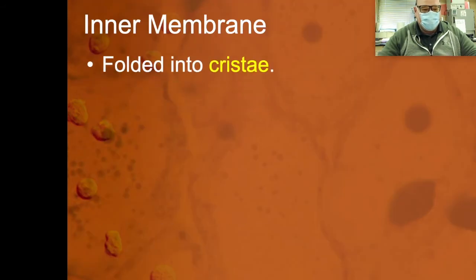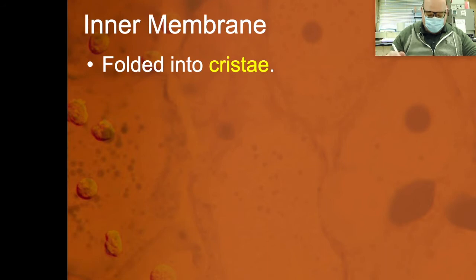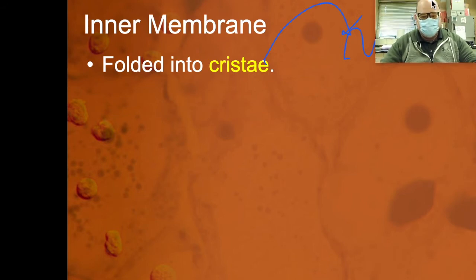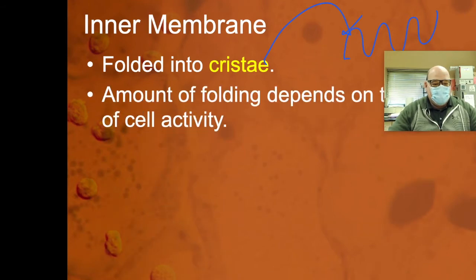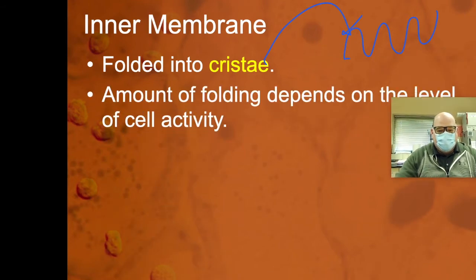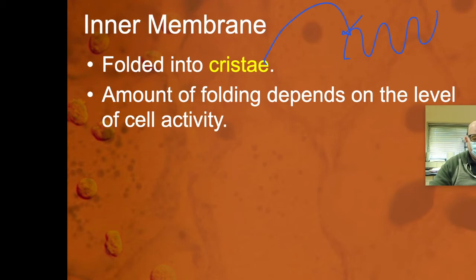Okay, let's talk about that inner membrane. I just told you this, but you can label those things as cristae, okay? If you can see them behind my picture. All right. Now, this is kind of interesting here. The more work or energy that cell is involved with, the greater that surface area will be.